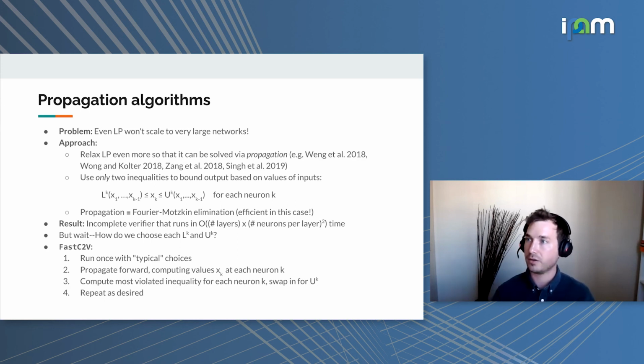We propagate, we solve, and we get a verification bound. Then we take our input point and propagate it forward through the network, so we get values at each individual neuron. Then we run our separation procedure at each of those neurons, generate a new upper bounding inequality, and swap that in. Now we have a new series of inequalities for each neuron, and we can run our approach again and produce what is hopefully a stronger verification bound.